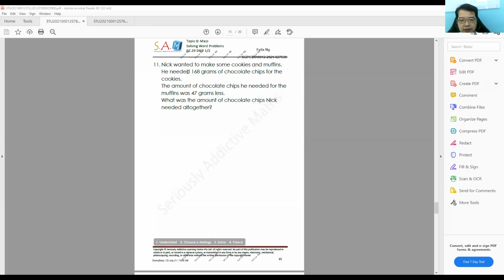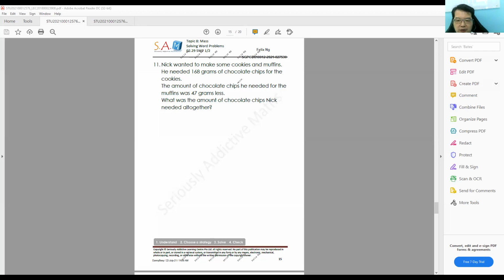Okay, let's turn to page 15. All right, Nick wanted to make some cookies and muffins. He needed 168 grams of chocolate chips for the cookies. The amount of chocolate chips he needed for the muffins was 47 grams less.